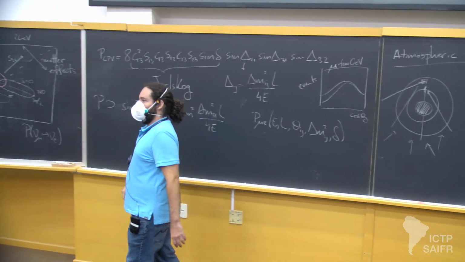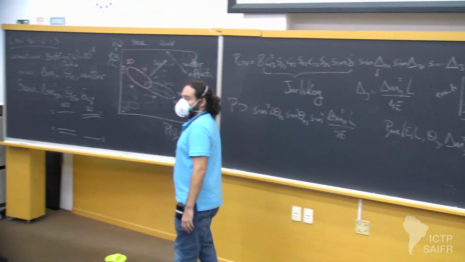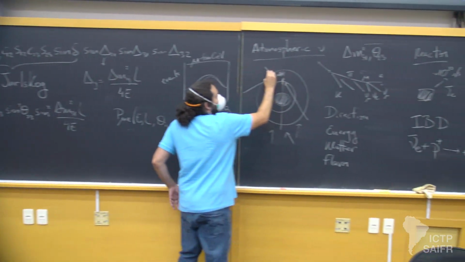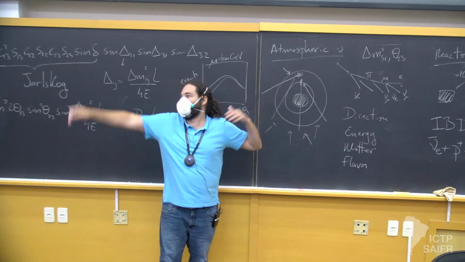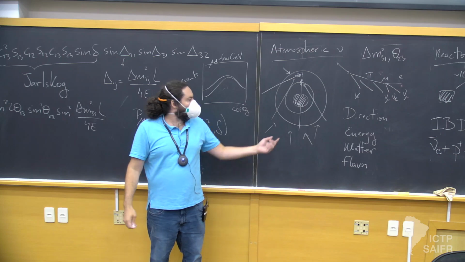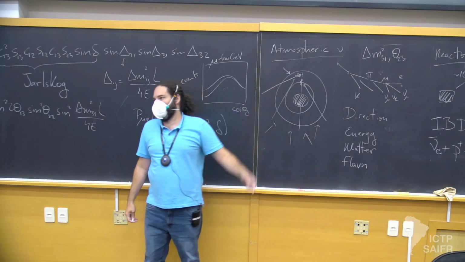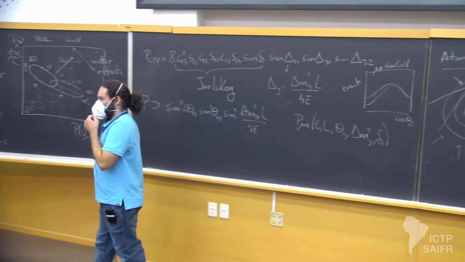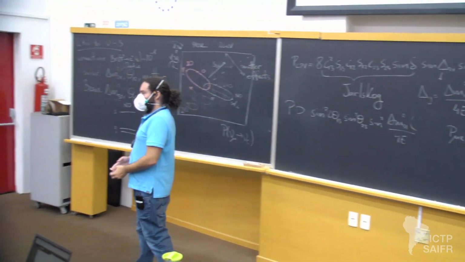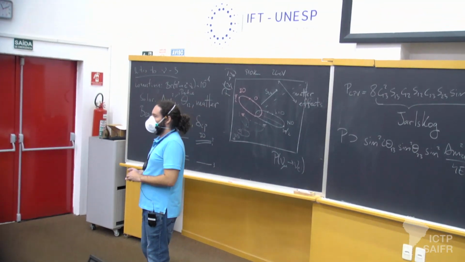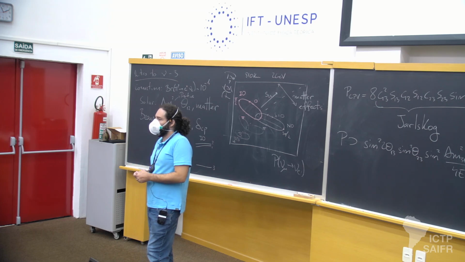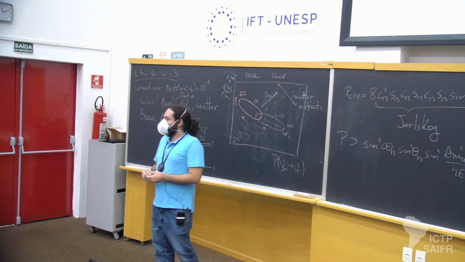If you produce a neutrino here, the baseline is actually very short, right? It's just the atmosphere. If you produce it down here, you have like 10,000 kilometers.